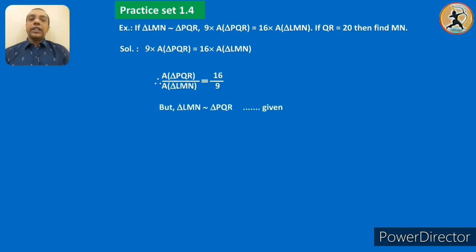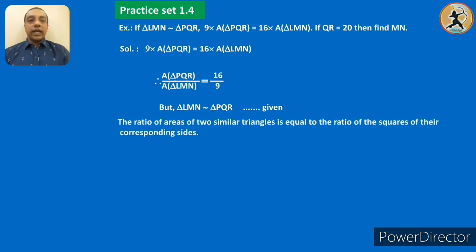So again we consider the given information, both the triangles are similar, and of course if two triangles are similar, then the ratio of areas of those two triangles is equal to the ratio of squares of their corresponding sides. It means we can write the equation again: area of triangle PQR upon area of triangle LMN is equal to QR square upon MN square.